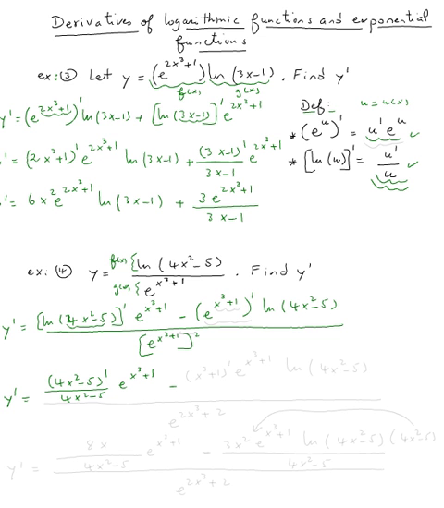Then here we have to do derivative of e to the u. So definition is right here. So derivative of u, which is, remember this is my u, x cubed plus 1. So derivative of x cubed plus 1 times e to x cubed plus 1. Don't forget the ln of 4x squared minus 5.